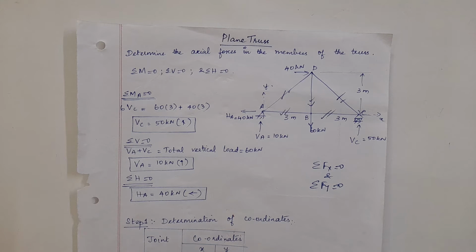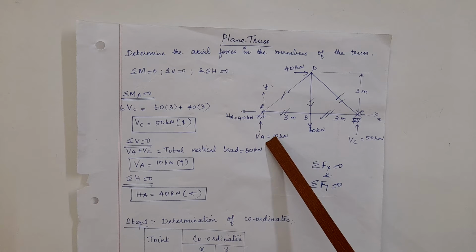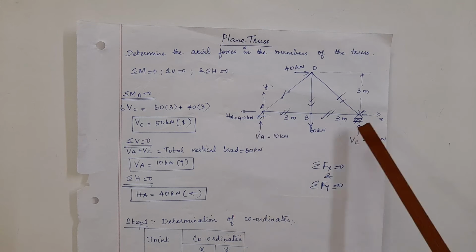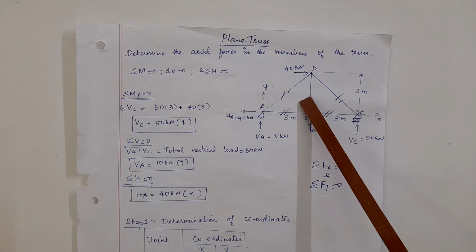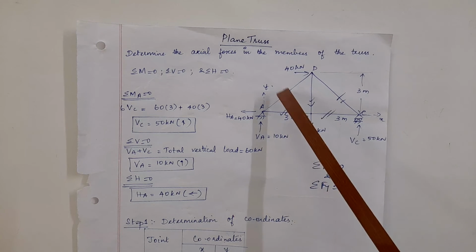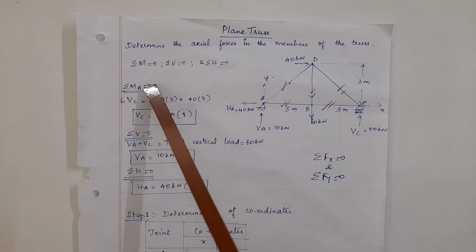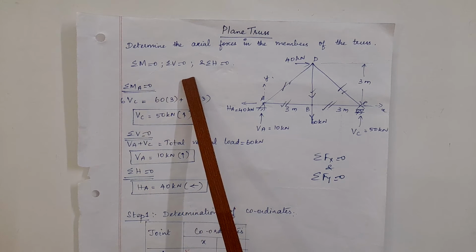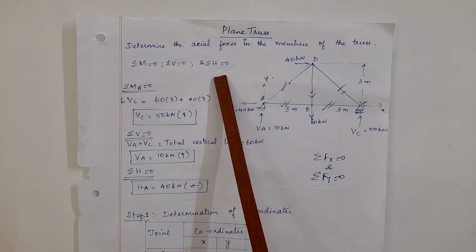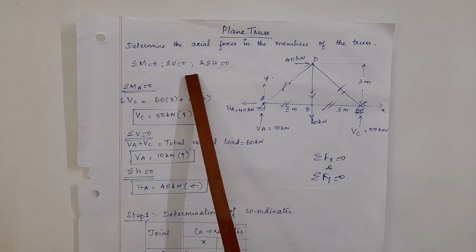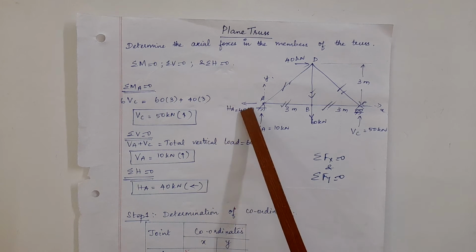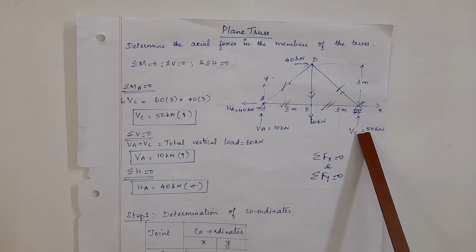Let us see this pin jointed plane truss, which is simply supported. So the framework is shown. It carries loads as shown in the figure at B and at D. We have equilibrium equations: sigma M is 0, sigma V is 0 and sigma H is 0. These three are the equilibrium equations we make use of to find the unknowns at the support.